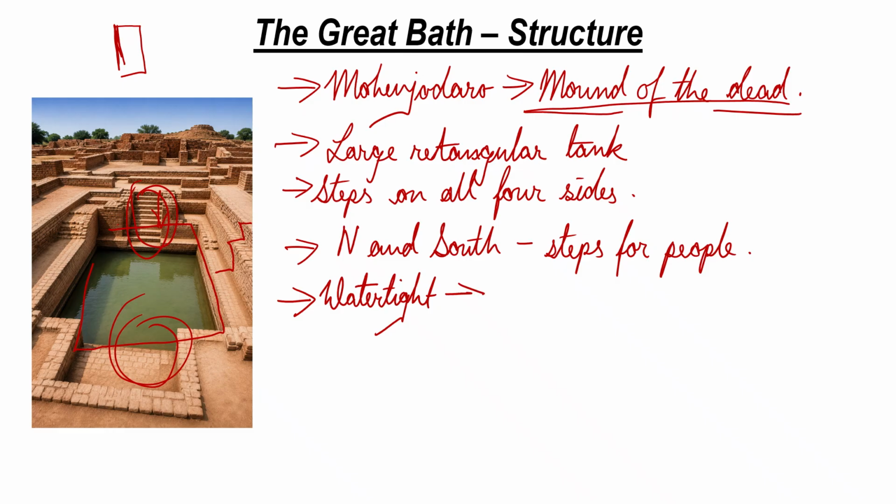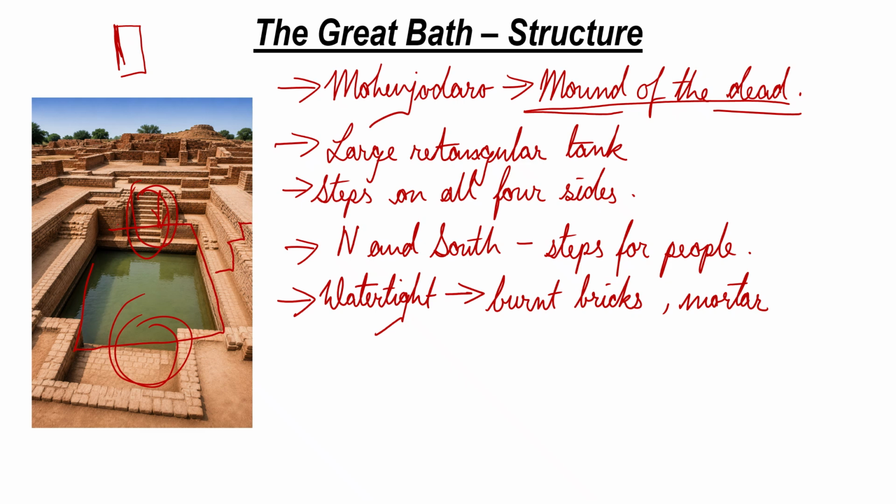Watertight means it was leak proof. And how was it made watertight? First, it was made with burnt bricks. Then there was mortar. Mortar is like the cement of present times.